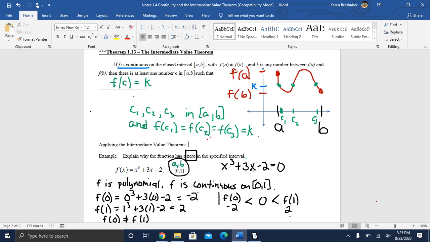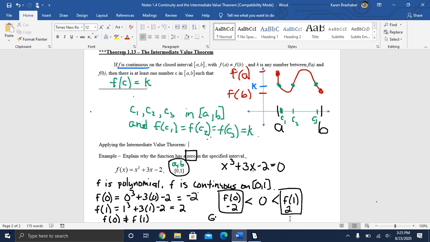Well, essentially what they're doing is this. They're finding something in the negatives, they're finding something in the positives, and if that's the case, then the graph has to cross the x-axis in between where that negative value occurred and the positive value occurred. And so that's actually the use of the intermediate value theorem.